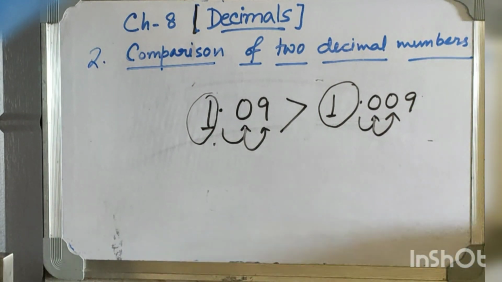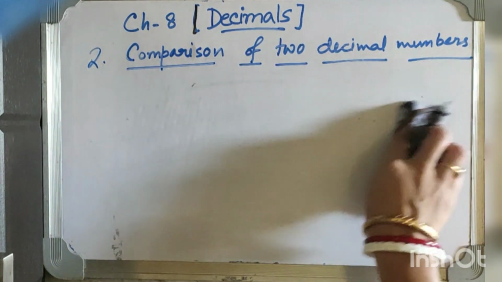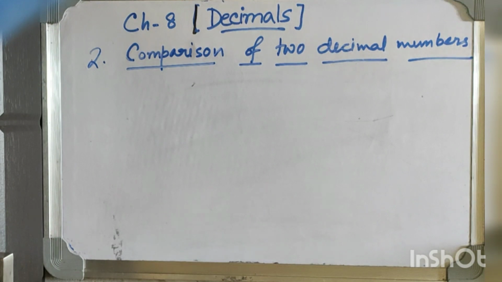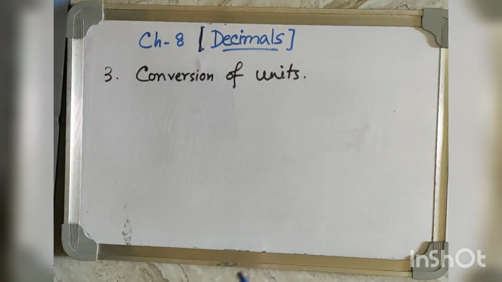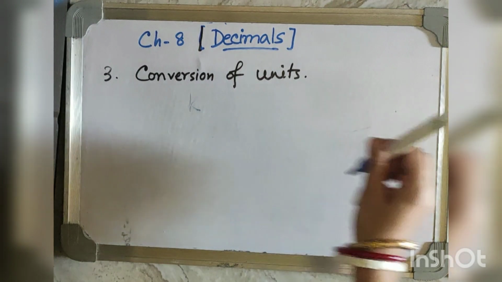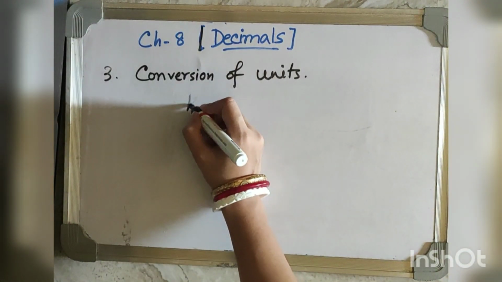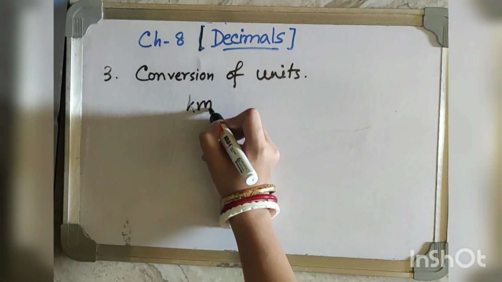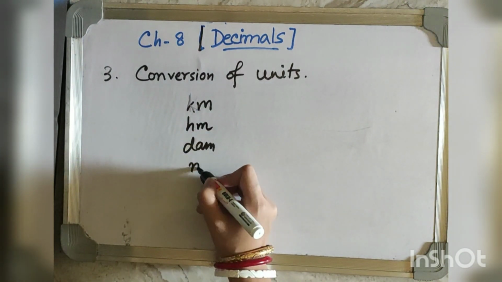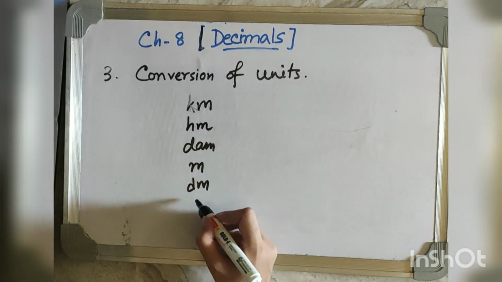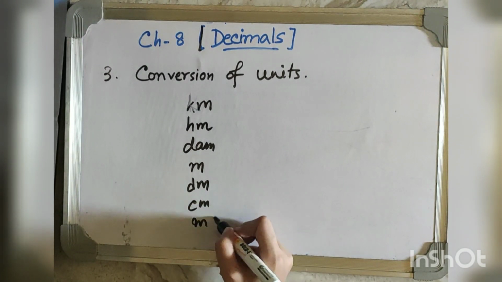Okay. So I think that comparison of two decimal numbers is clear to you. So let's go to the next part. In the third part we will try to convert the units using decimals. As I have told you already: kilometer, hectometer, decameter, meter, decimeter, centimeter, millimeter.